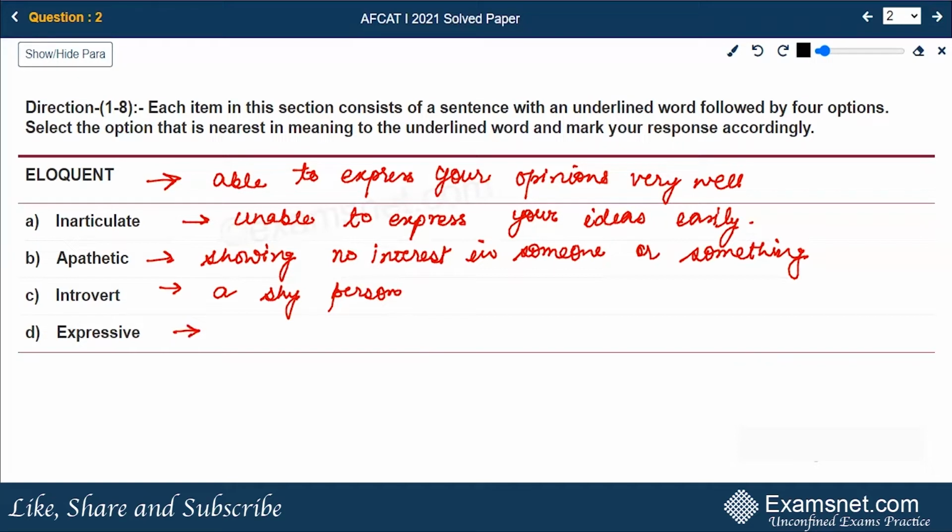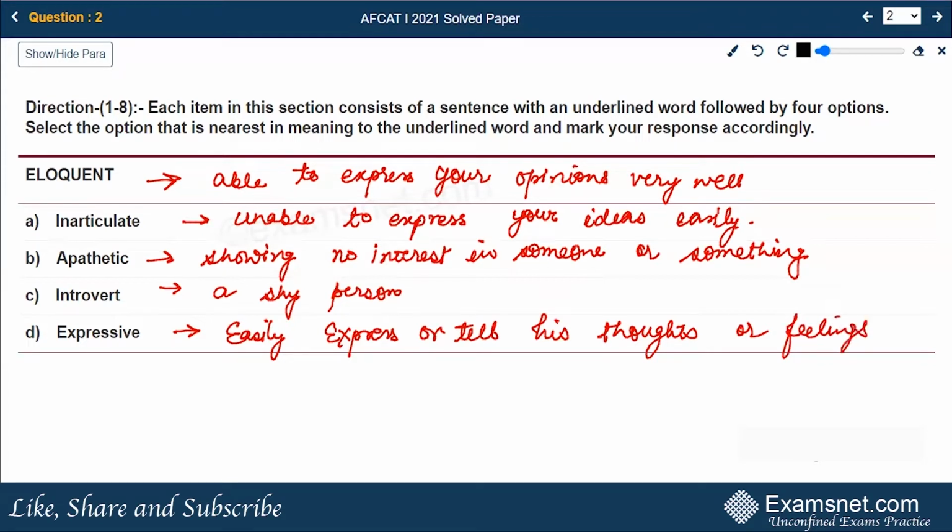The one who can easily express his thoughts or his feelings. So the one which correctly matches with eloquent is option D, that is expressive. Option D is your correct answer.